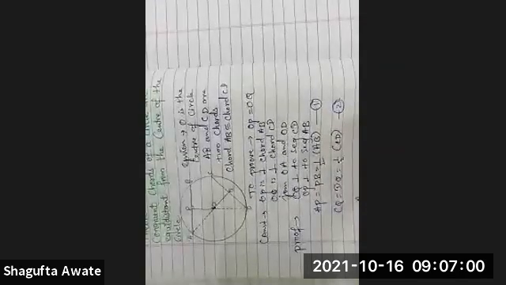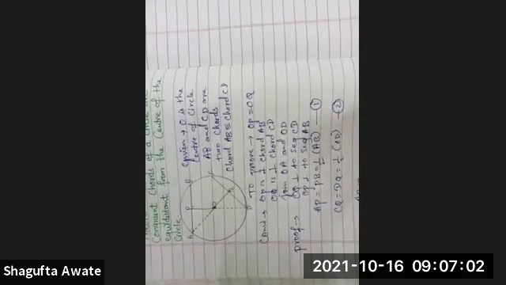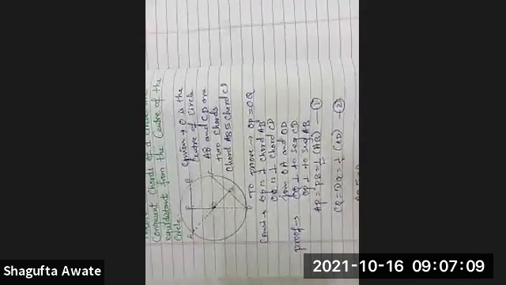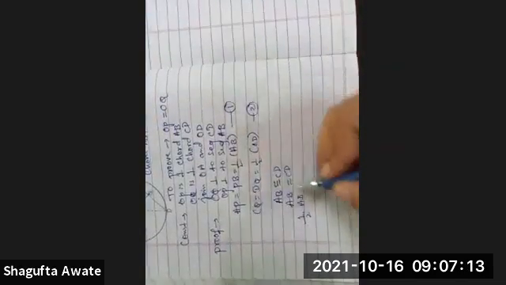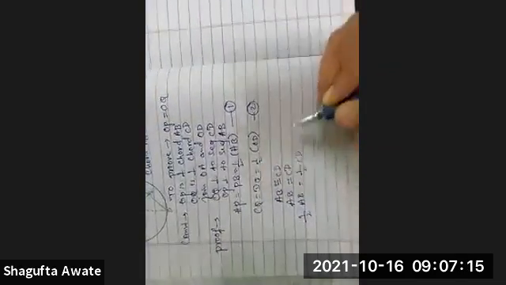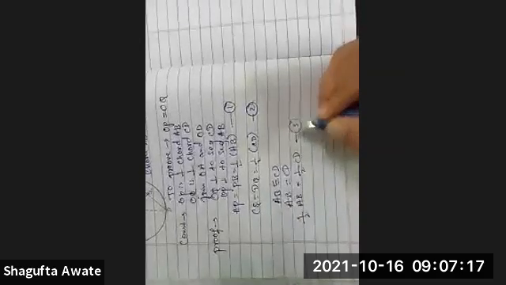So when AB is congruent to CD, then we say that AB is equal to CD, then half of AB is equal to half of CD. So let this be the third equation, from 1, 2, and 3.